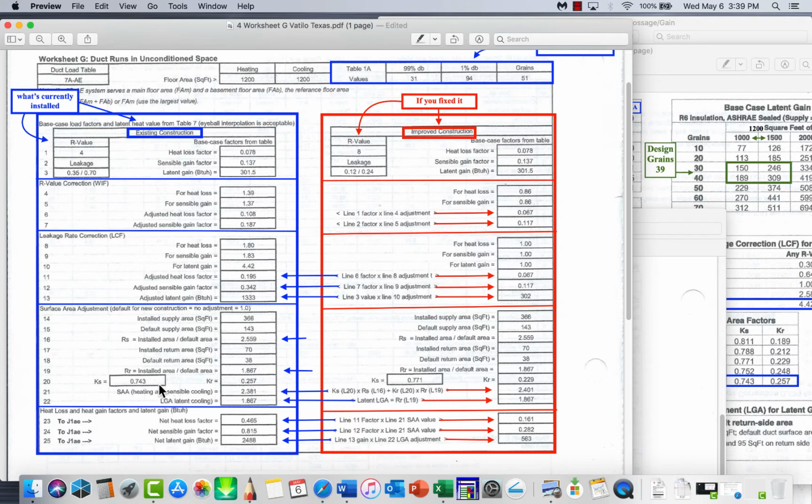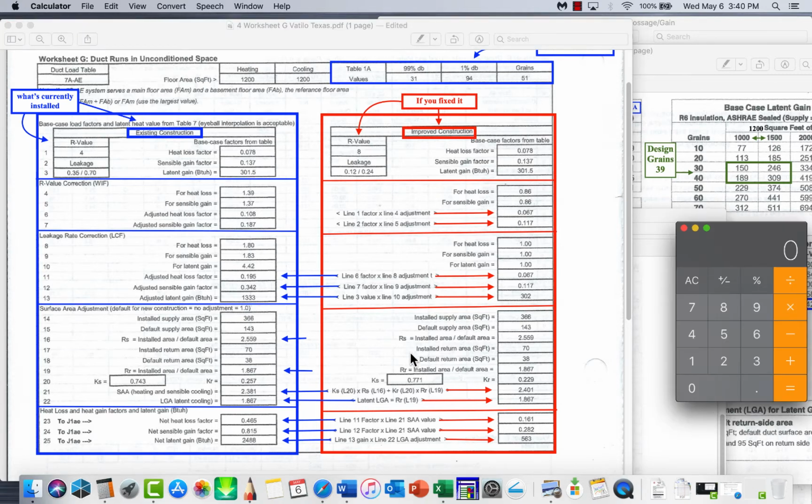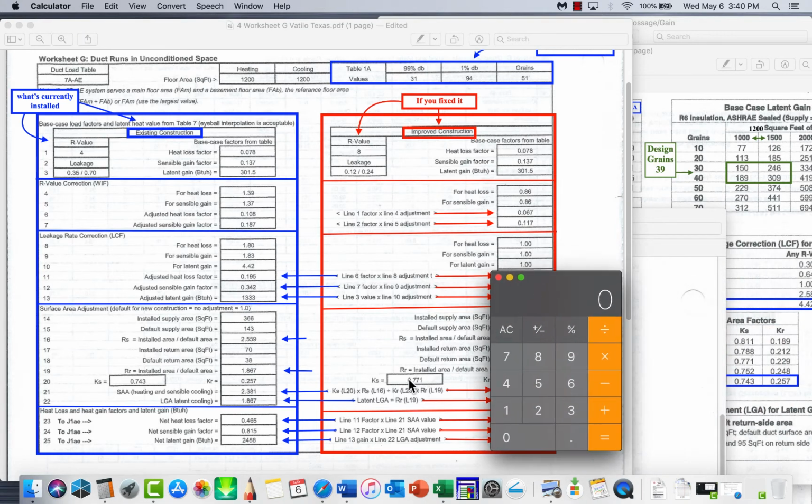So basically all we got to do is multiply this times this, and then add it to what we multiplied this times this. So we're going to multiply everything first. We'll bring the calculator up, and we'll do the first part here.